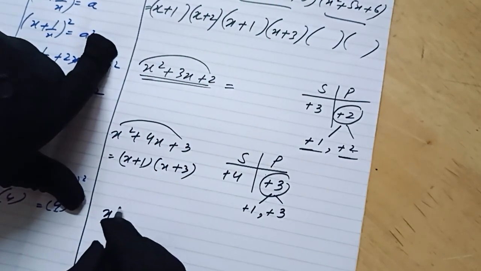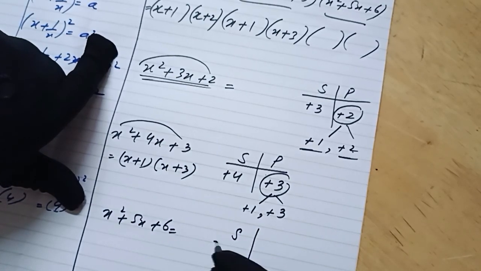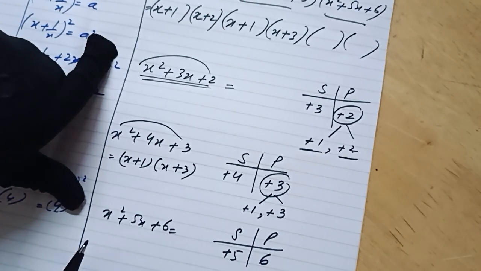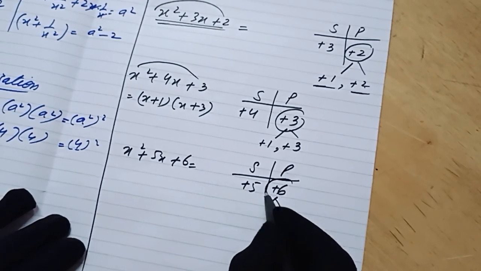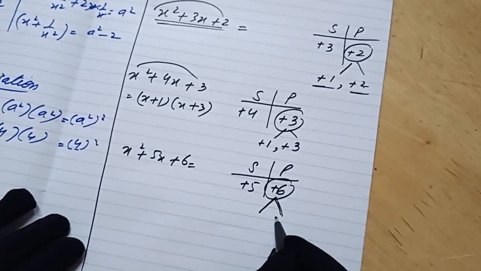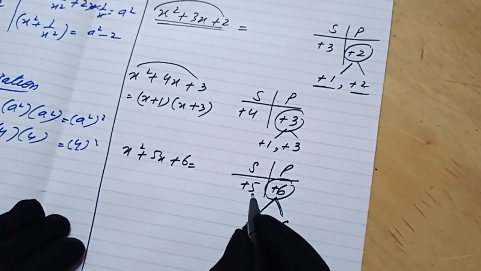After that, x square plus 5x plus 6 will be factorized with sum and product. Sum is plus 5, product is plus 6. Factorize the product term. 1 and 6 are 6, but 1 plus 6 is not giving 5.